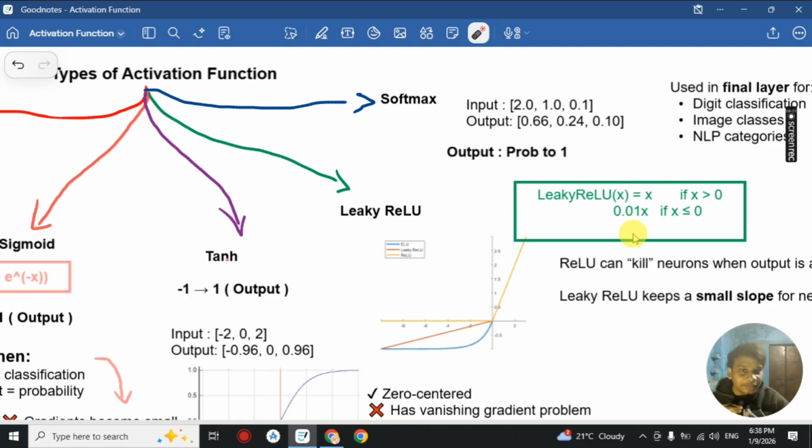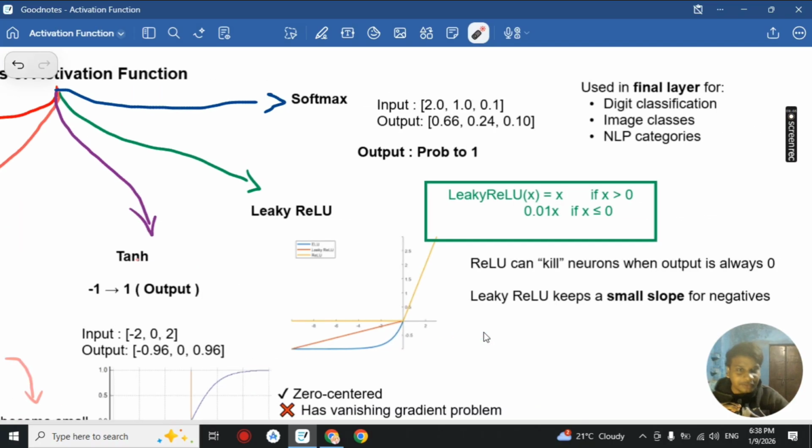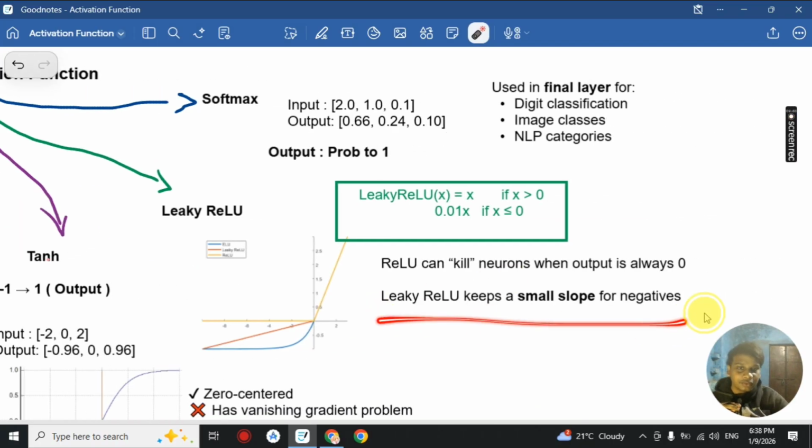If it is a positive value, it gives x, but if it is a negative value, it multiplies x with a small value. So we don't ignore our negative values here, unlike ReLU, which completely ignores all the negative values. Leaky ReLU keeps a small slope for negatives.